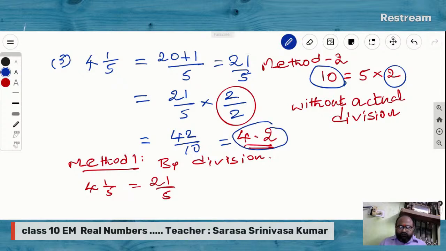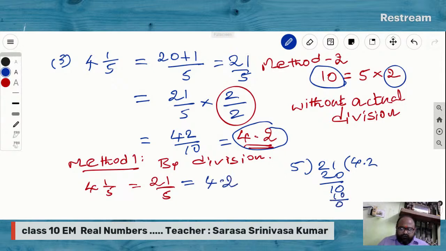Not 0.42. It is only 42 by 10, so this is equal to 4.2. So we have to divide 21 by 5. 5 fours are 20, we get 1. We put the decimal, so 10. 5 twos are 10, remainder 0. So this is 4.2. So students can solve this by either of the two methods.